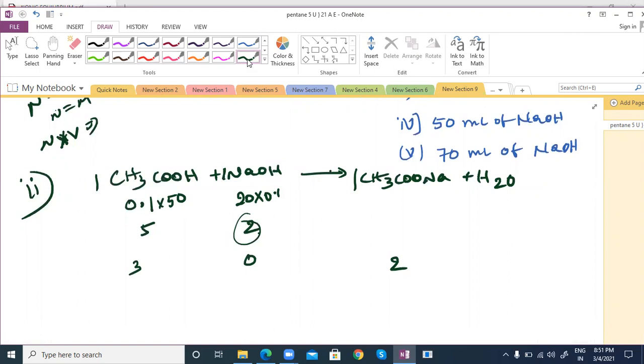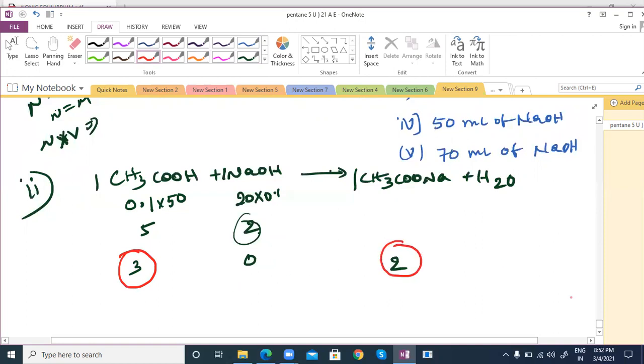So what type of solution is this right now? Weak acid, strong base. What formula do you have to use? The acidic buffer one. It is a buffer solution, because in the solution weak acid is present, 3 equivalents, and the salt of the weak acid with the strong base is also present.